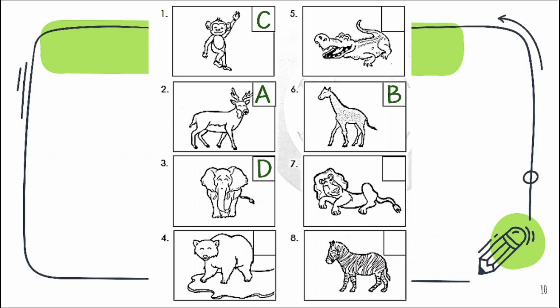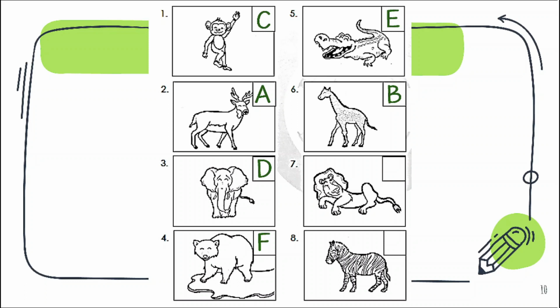Where do you think is the crocodile? Correct, it's in number 5. So we are going to write letter E. Then, a bear as white as milk. Where is the bear? It is in number 4. So we are going to write letter F.